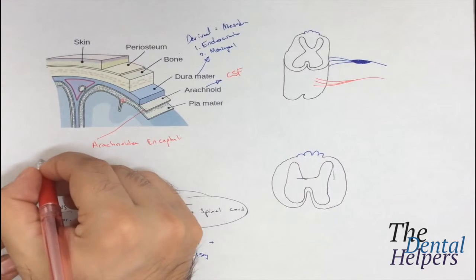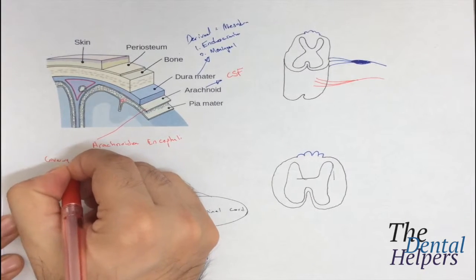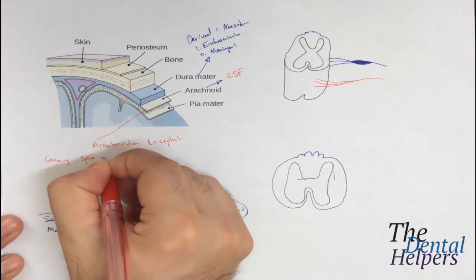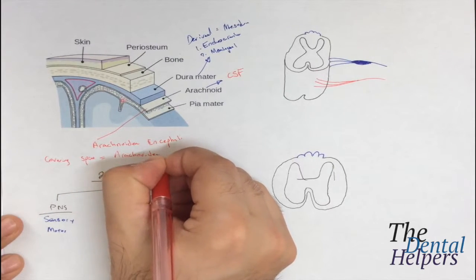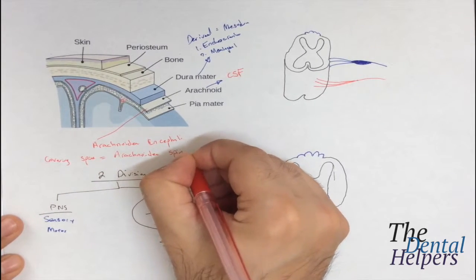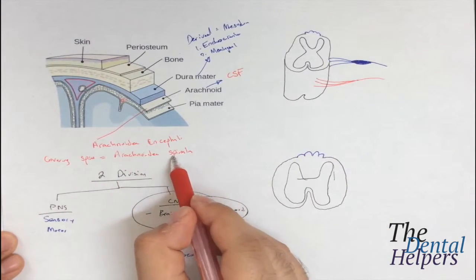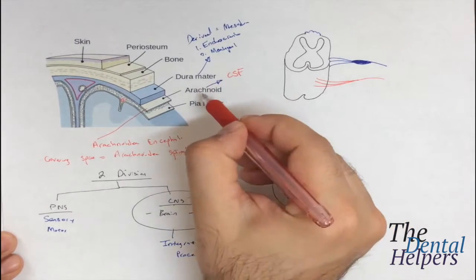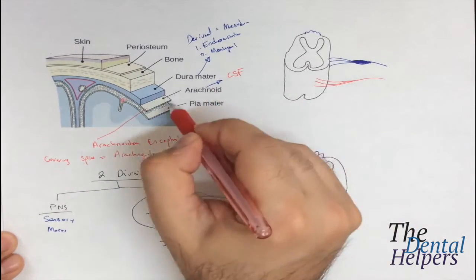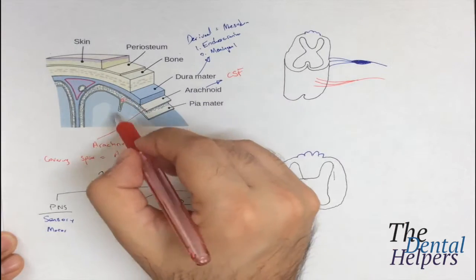Now, if it's around the spine, so if it's covering the spine, then it's Arachnoid spinalis. So just remember that if it has spinalis, it means spine. And so basically the function of this is to allow CSF to flow freely throughout the space.